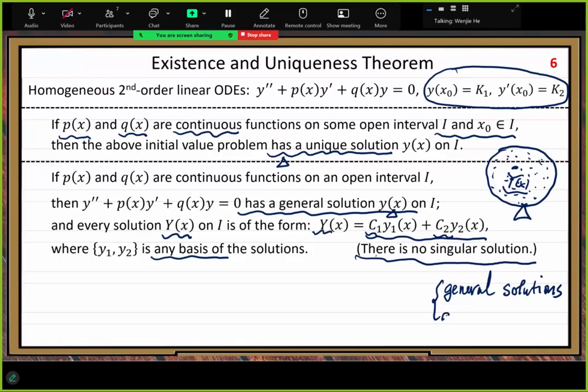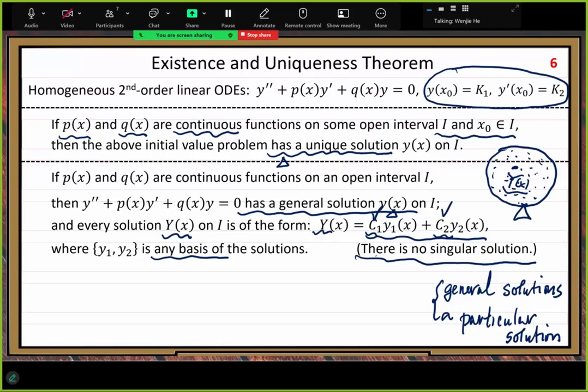Then a particular solution, one particular solution: you just select C1, C2 with concrete values.